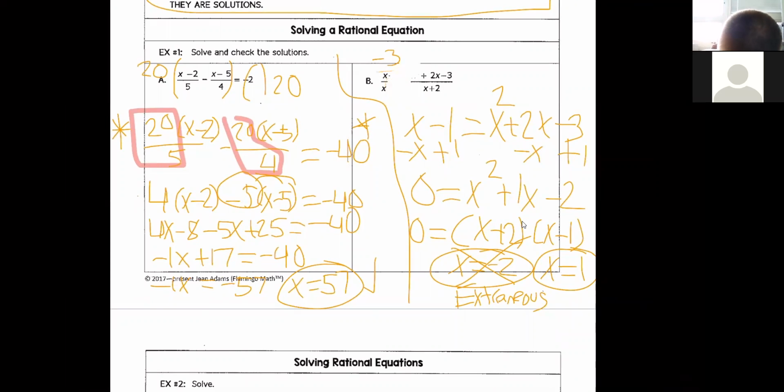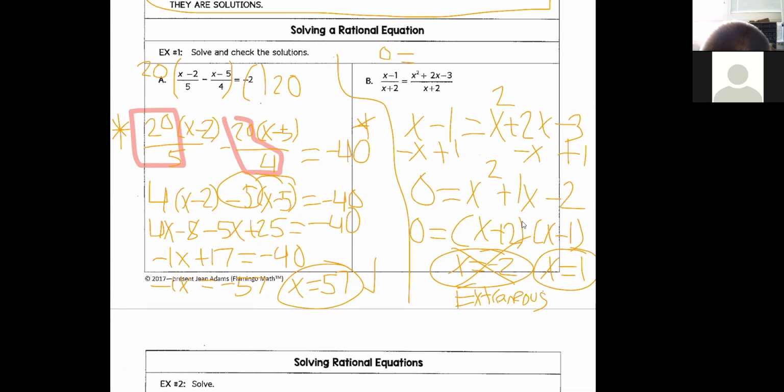But if you plugged in 1, the second solution we got, you're going to get 0 on the top. It'd be 0 over 3, but just 0 would be the left side. That's okay. You can have 0 in a numerator. And then if we plug it on this other side, we would get negative 3. Isn't that extraneous as well?